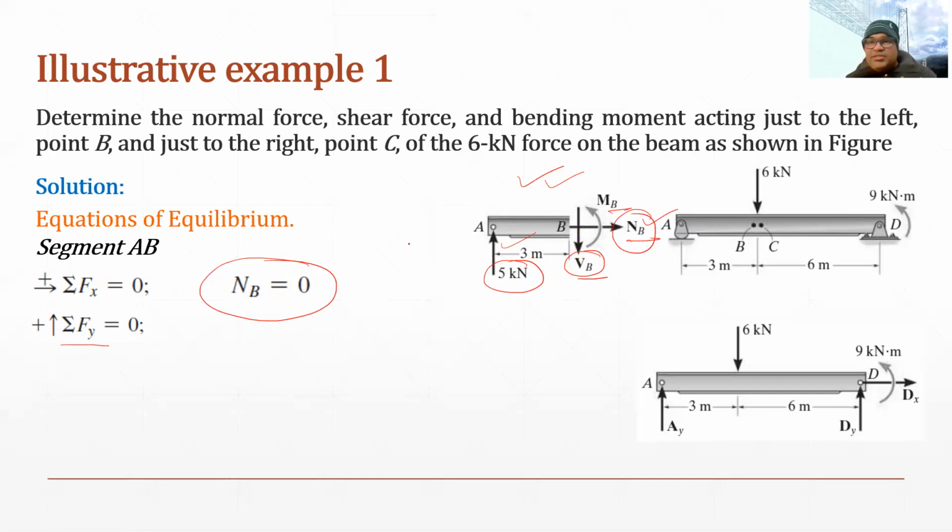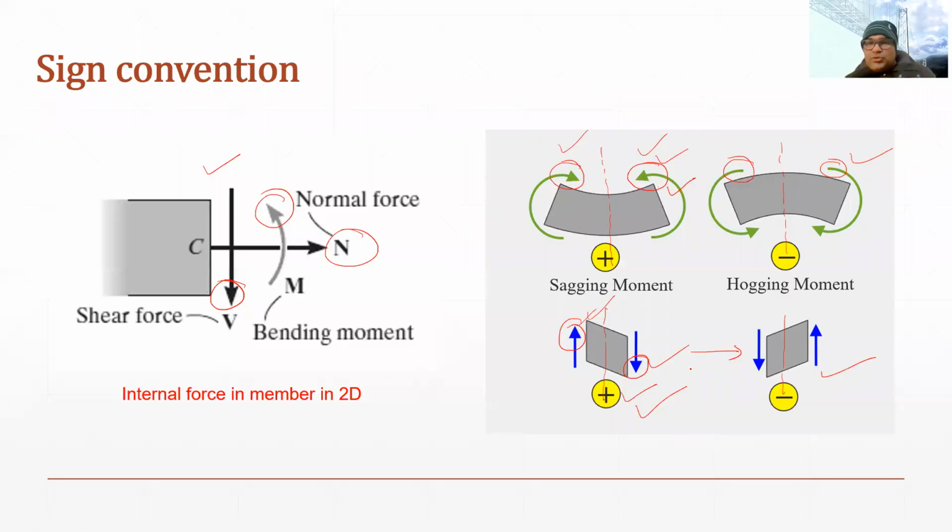As per sign convention, I will show you the sign convention now. If we consider the left hand segment of the beam, then upward force will be considered as positive shear force.